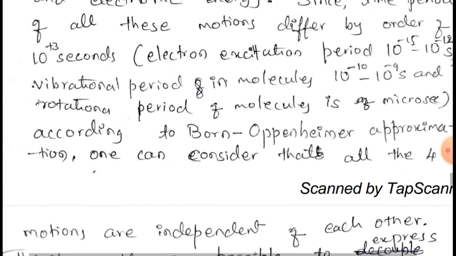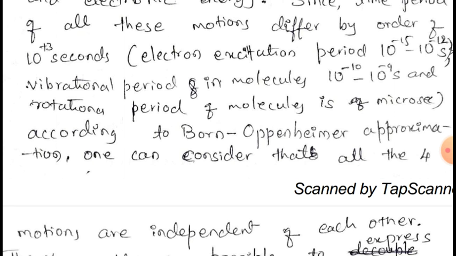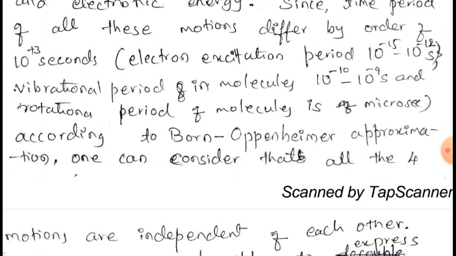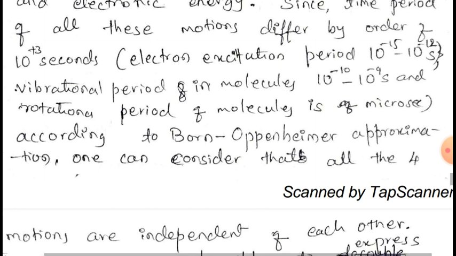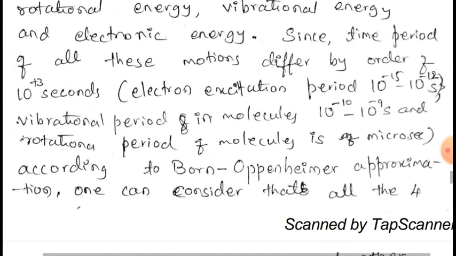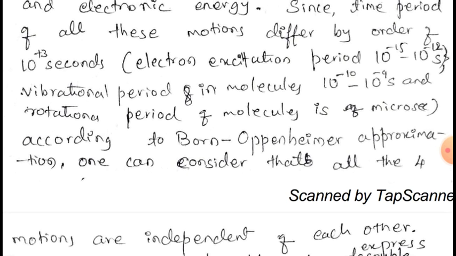That is, the electronic time period is 10 raised to minus 15 to 10 raised to minus 12 seconds. Vibrational time periods are of the order of 10 raised to minus 10 to 10 raised to minus 9 seconds. And the rotational time period is of microseconds. So the time periods of all these motions differ by thousands of times.